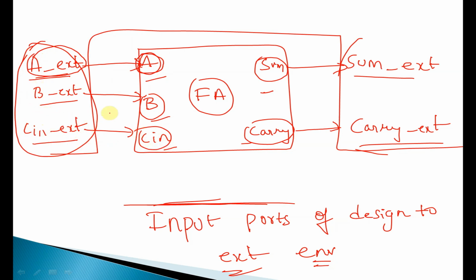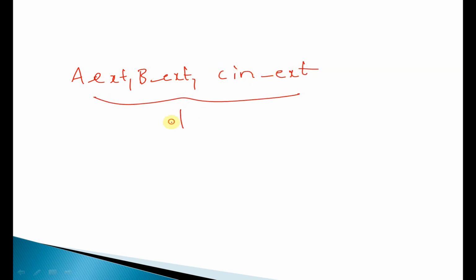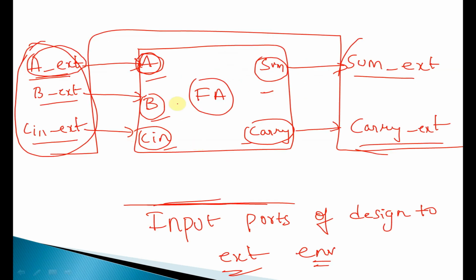And one more thing here: my A_external, B_external and C_external are all my drivers which are driving my input ports. So why am I calling them drivers? Because they are only providing my stimulus. They are only providing my inputs.